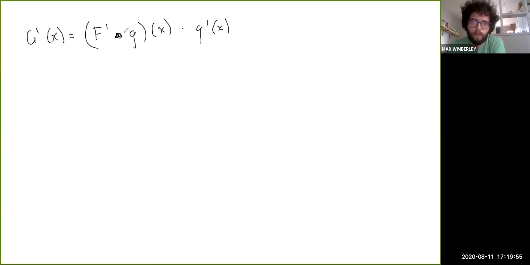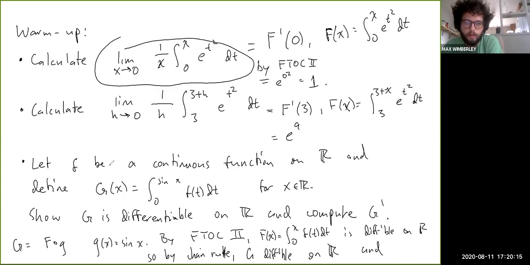So this is going to be little f of g of x. So this is little f of sine of x. And then g prime is cosine of x. So yeah, I think that's it for that. Any questions?